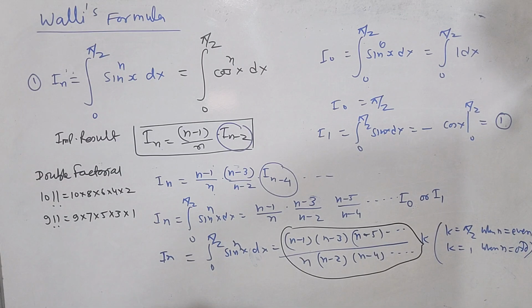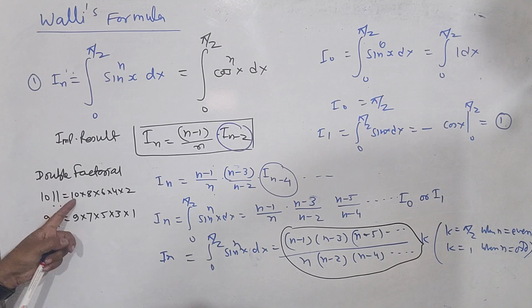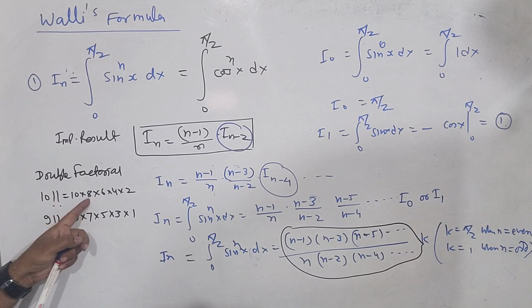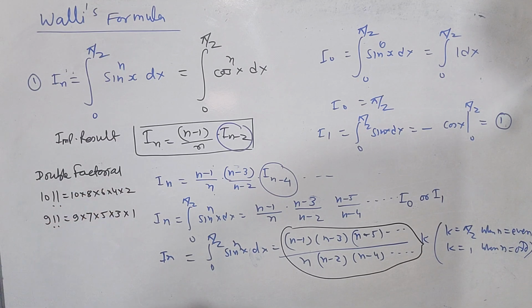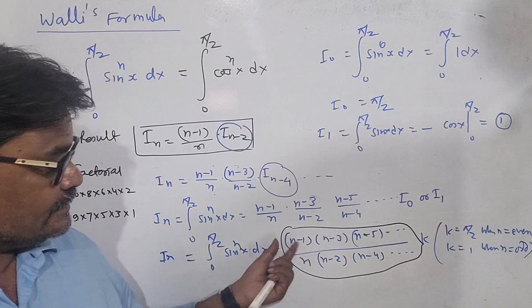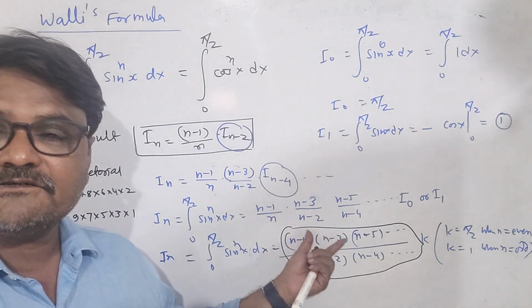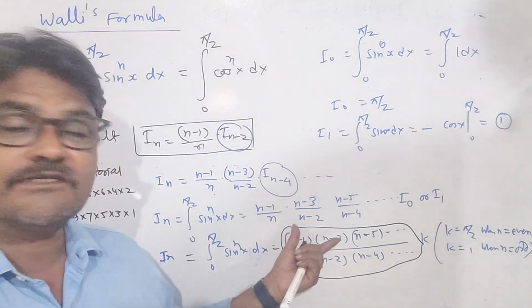This is the way double factorial is written, correct? So 10, then reduce 2, then reduce 2, then reduce 2 and keep going on. So therefore this n minus 1 is the first one, then we are reducing by 2.